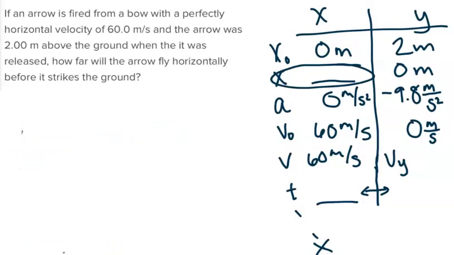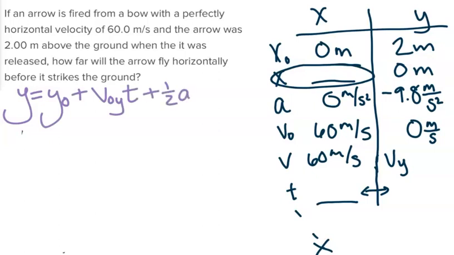So if we use the equation that says y equals y initial plus initial y velocity times time plus 1/2 acceleration in the y direction times t squared, we can go ahead and find the time and use that in the x direction to find our x value.